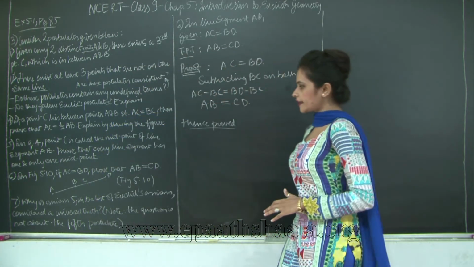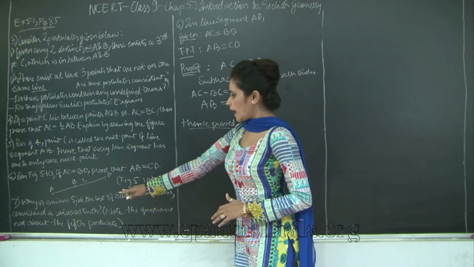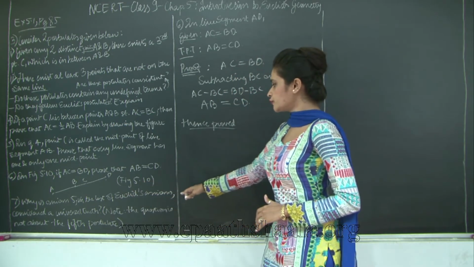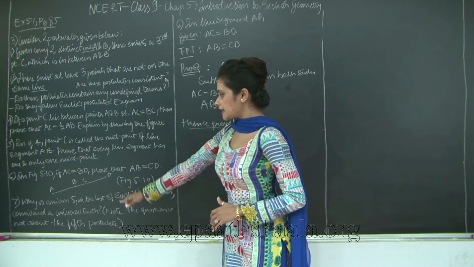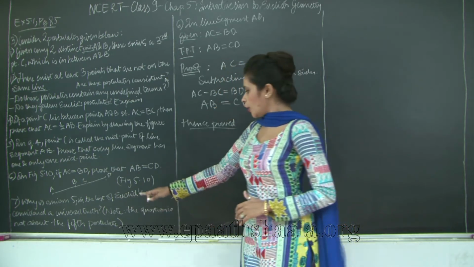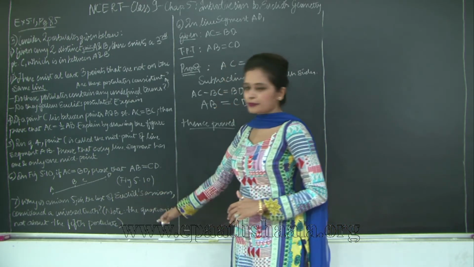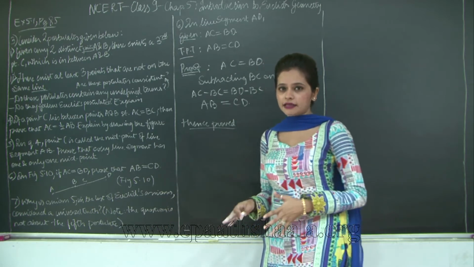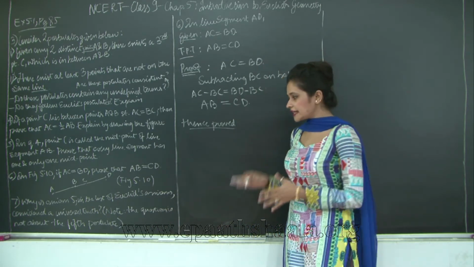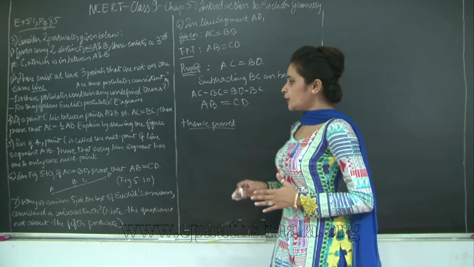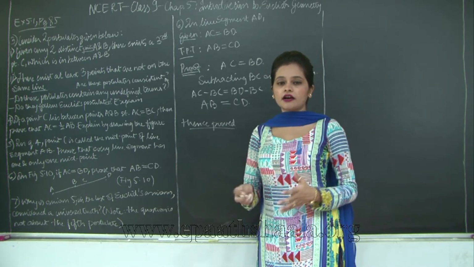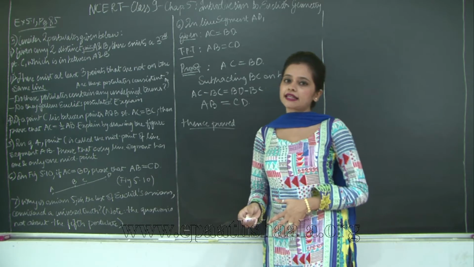Now the last one of exercise 5.1. Why is axiom 5 in the list of Euclid's axioms considered a universal truth? Note that the question is not about the fifth postulate. So we are talking about the axioms and not the postulates. And so first let us write down what is the fifth axiom. The fifth axiom reads that the whole is always greater than a part.